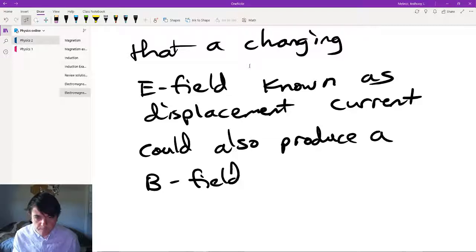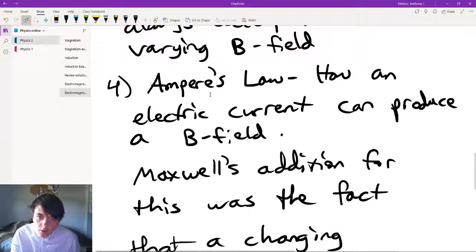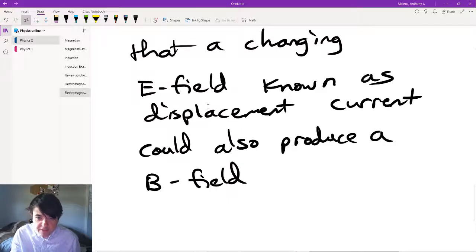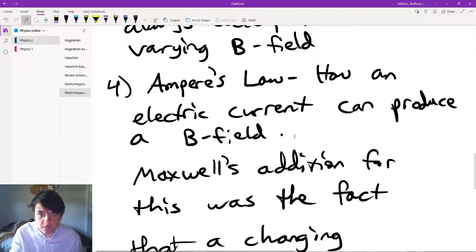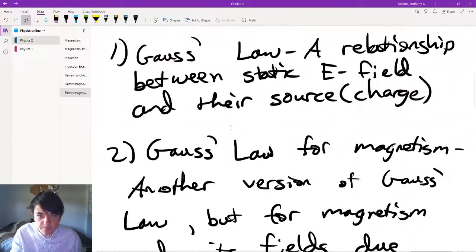Okay. So this is a different type of current that we don't really talk about too much. But Maxwell's addition does cover that. That type of current is kind of like a current that doesn't exist but mathematically does. It's a little confusing. But Maxwell added that that could also produce a B field.